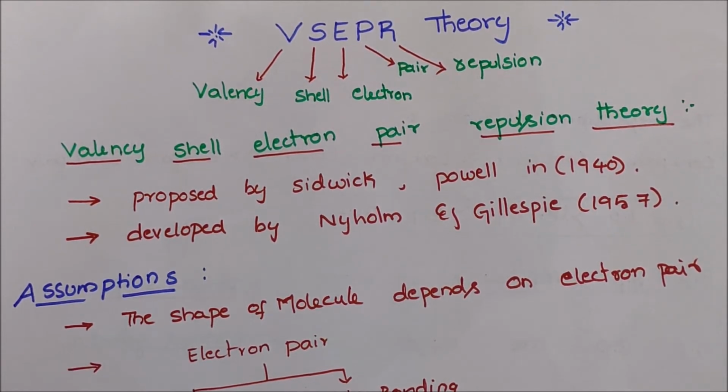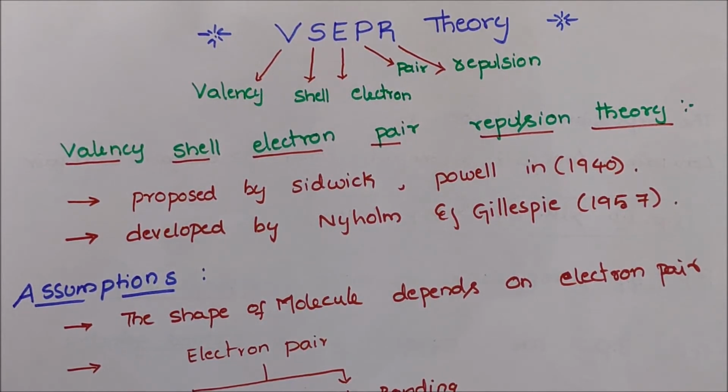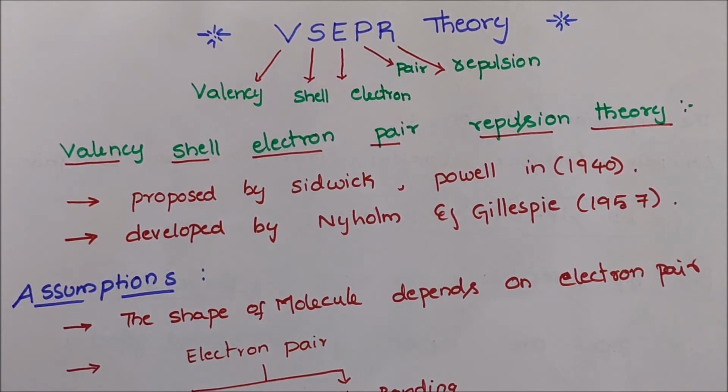As already explained, Lewis concept is unable to explain the shape of molecules. This theory provides a simple procedure to predict the shape of covalent molecules. Sidgwick and Powell in 1940 proposed a simple theory based on the repulsive interactions of the electron pairs in the valence shell of the atoms.